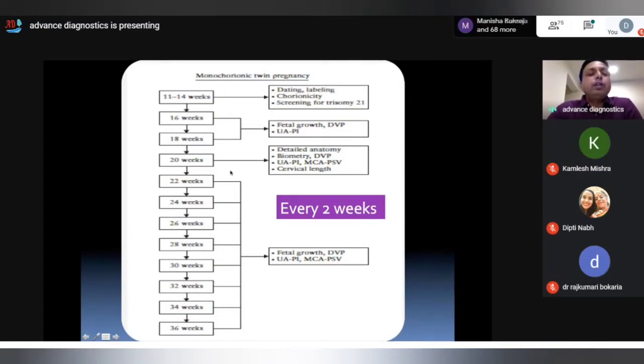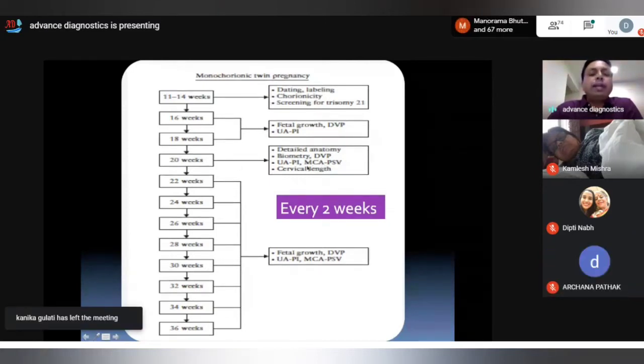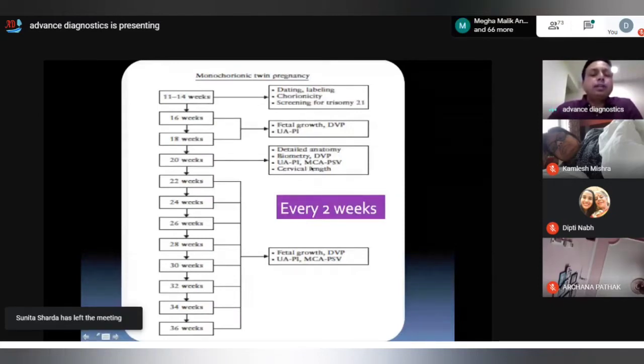And afterward, we do it every 2 weeks. And in the 20 weeks scan, we are adding MCA PSV, which is not there in the DC pregnancy. So this is slightly different.